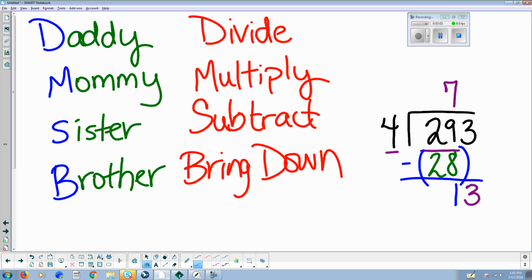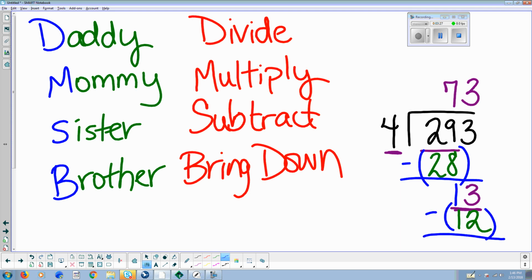Daddy, mommy, sister, brother. Divide. How many times can we say 4 divides into 13? Well, 4 divides into 13 3 times evenly. Then I'm going to take my 3 and I multiply by the divisor 4. 3 times 4 is 12. The next step, sister, means to subtract.